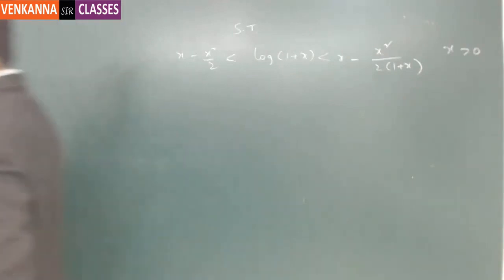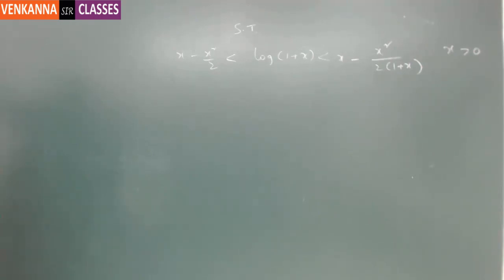This is the inequality we are going to prove. So x minus x square by 2 is less than log of 1 plus x is less than x minus x square by 2 into 1 plus x.